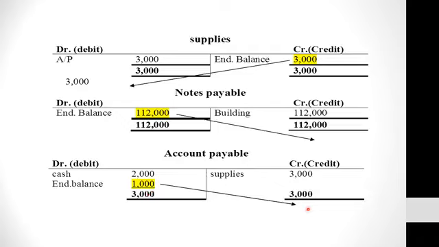Then we make a simple calculation. 3,000 minus 3,000, the result is 0, so no balance here. But 3,000 minus 2,000, the difference equals 1,000, so the balance equals 1,000. Then we drag it to the credit side because the credit side is the one greater than the debit side by 1,000, so the balance here will be 1,000 credit.